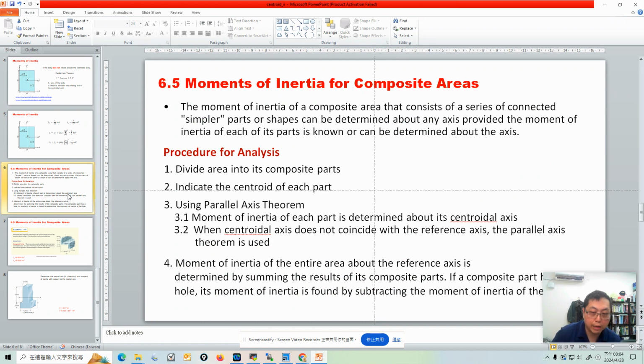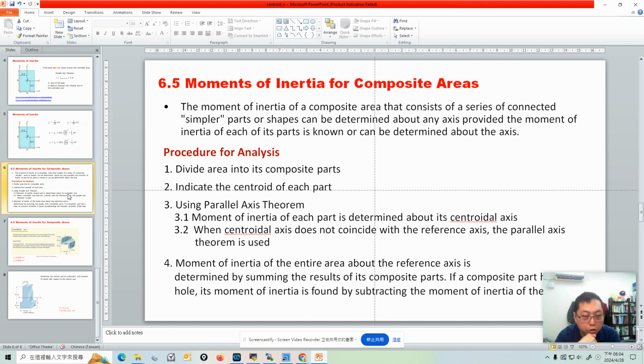Now we have a more advanced situation, because in the last video I said that in some cases we might not only deal with very simple shapes. Most of the time we are dealing with composite areas, or simply speaking, more complicated cross-section areas. But dealing with a composite area is very similar to what we did in the centroid calculation.